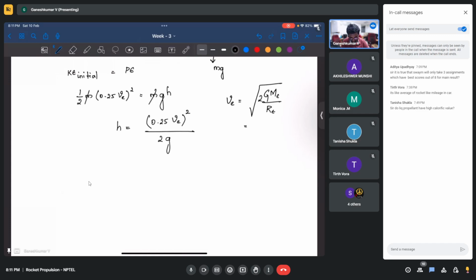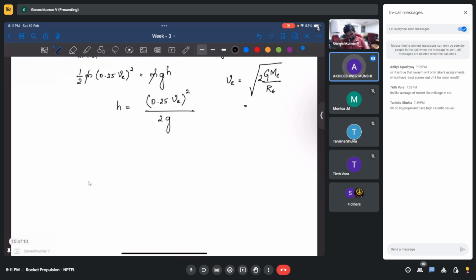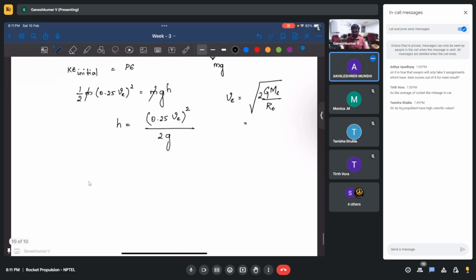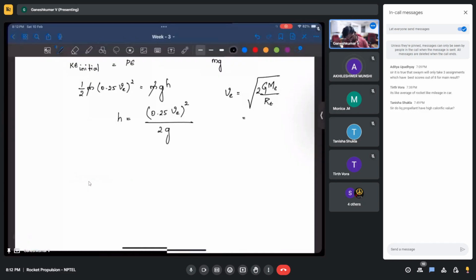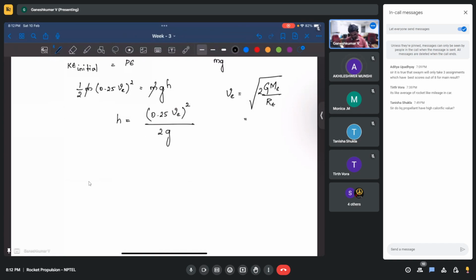The initial velocity, 25% of it, was 2.79, about 2.8 kilometers per second. So this is 0.25 into 11.2 square divided by 2.